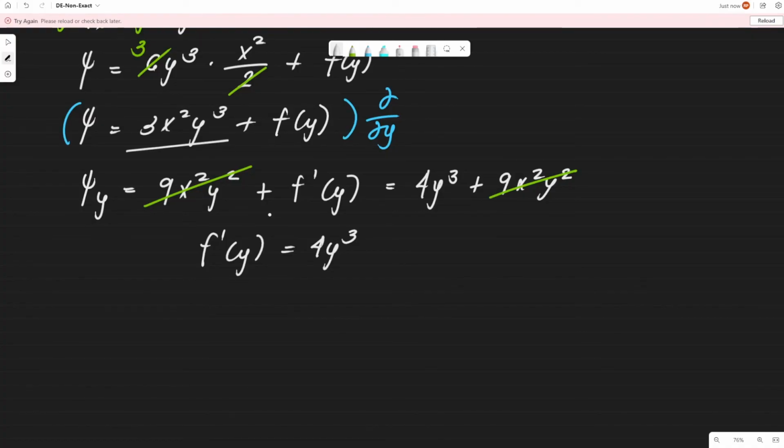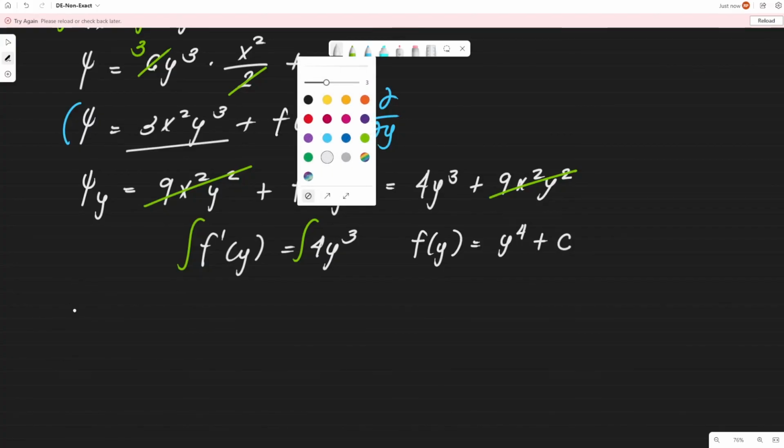So getting the antiderivative in respect to y, we have f of y is equal to y to the fourth plus c. Sir, bakit naging y to the fourth na lang? Remember, 4y cube, ang kanyang antiderivative is 4y to the fourth over 4. So 4 over 4 is 1. So cancelled. Okay? So ito na ipapalit natin to the psi function.